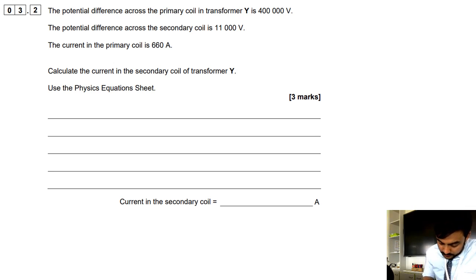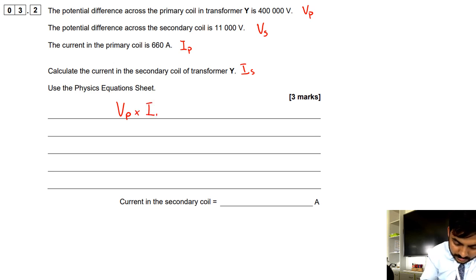We know that 400,000 volts is Vp, and this is Vs, and this is Ip, and what we're trying to find is Is. The equation is Vp times by Ip is equal to Vs times by Is.